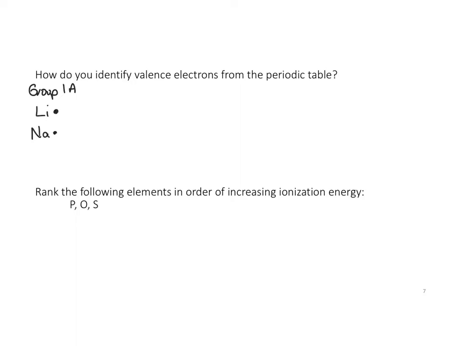Sodium has 1. Potassium has 1. So all group 1 have 1 electron. Now, it will give that 1 electron up, and when lithium gives the 1 electron up, that's where it gets a +1 charge. So when sodium gives up that 1 electron, it's a +1, and potassium is a +1.